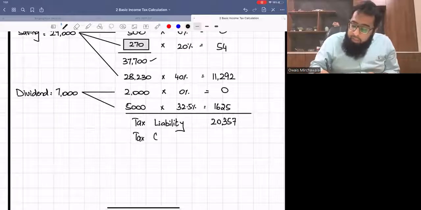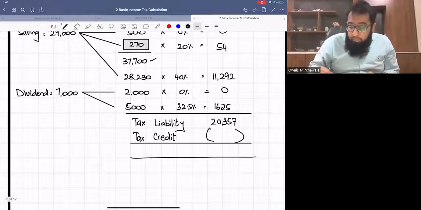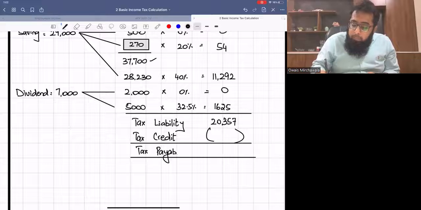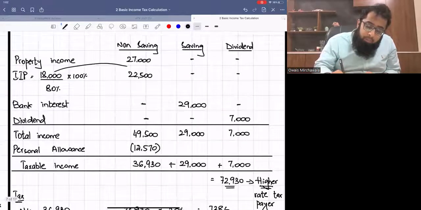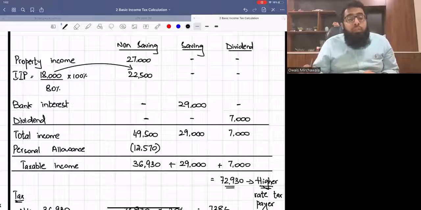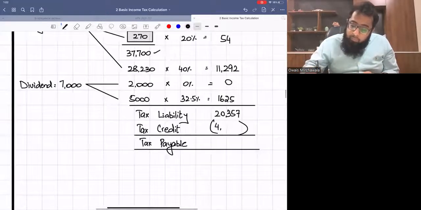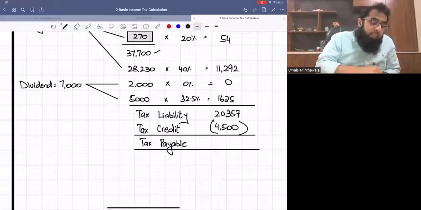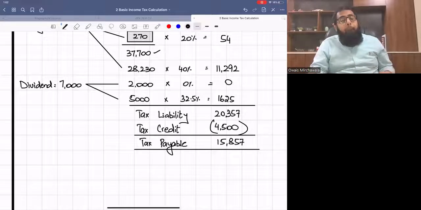You will deduct the advance tax from it, the tax credit, to arrive at the tax payable value. What was your tax credit? So it was 4,500. So the tax payable will be 15,857.